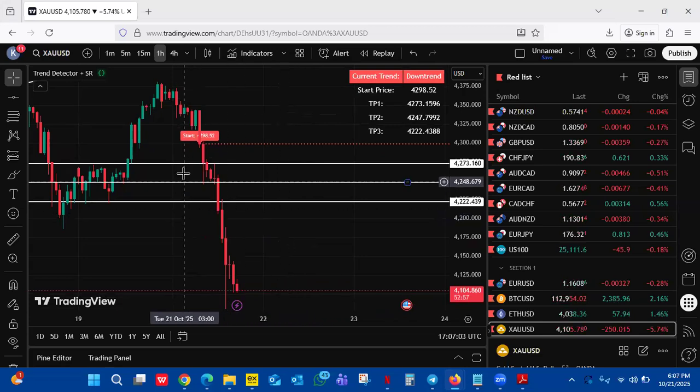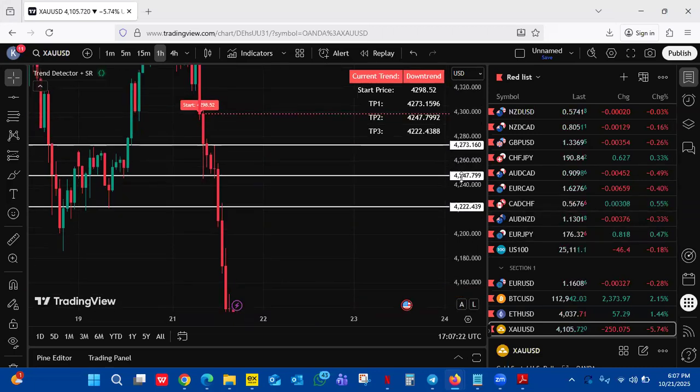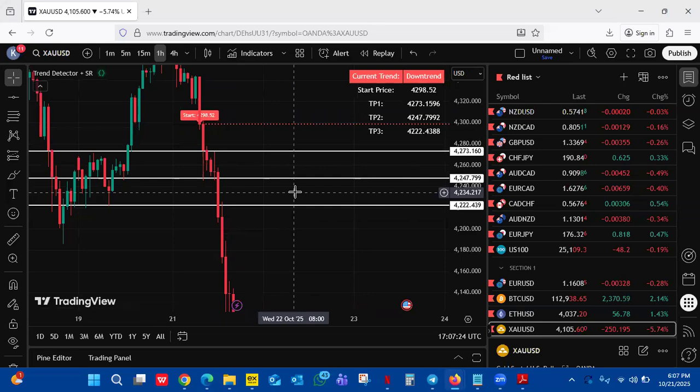So rather than set your take profit at a very high level that price cannot reach, it's better to take profit at a level that price will definitely hit. I tested this and observed that price must hit your TP3.